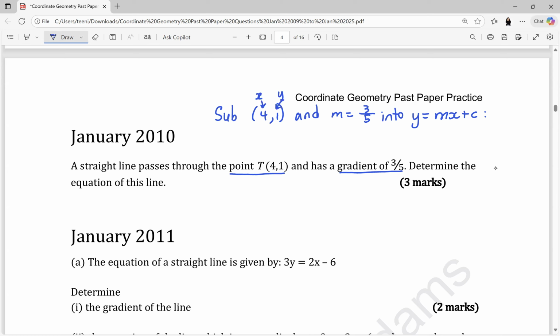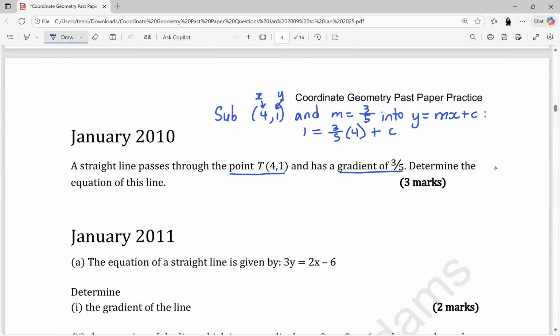So wherever you have x in the equation of the line, you will replace it with 4. And wherever you have y in the equation of the line, you will replace it with 1. So this would end up being 1 is equal to m, which is the gradient, 3/5, times the x coordinate here, which is 4, plus c, right? And then you work that out.